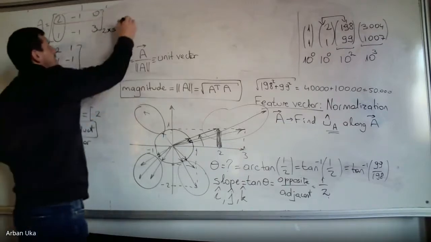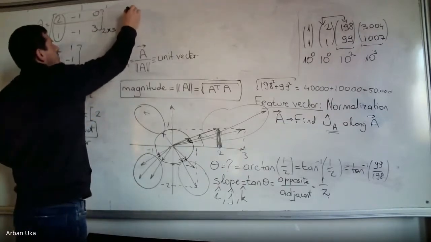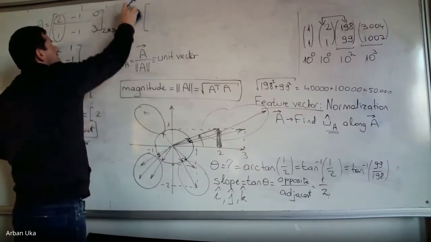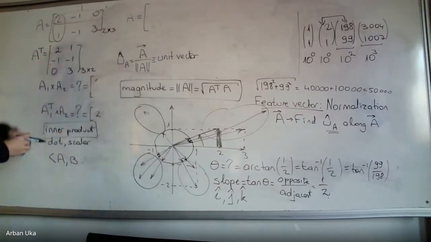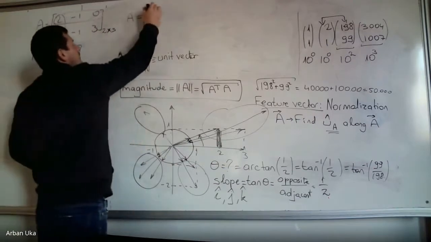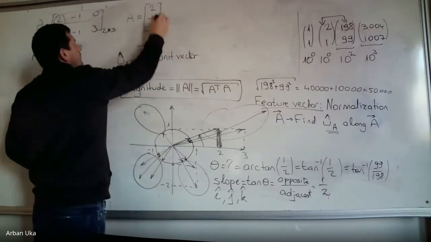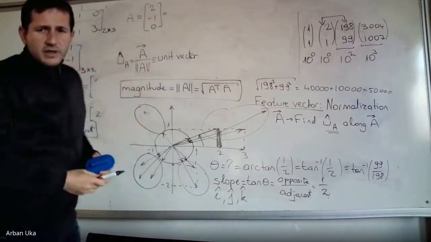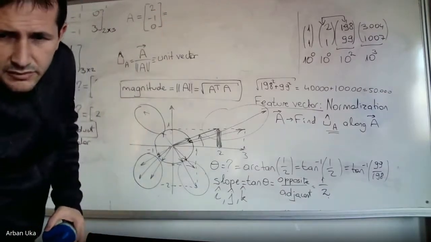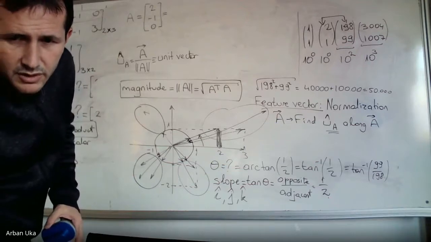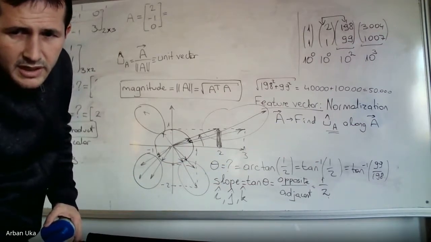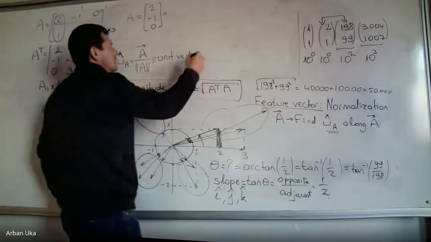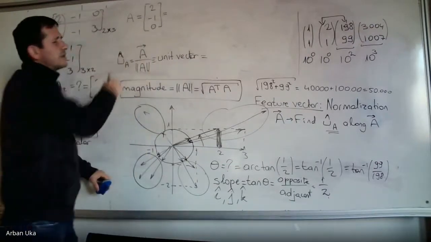Let's call it A. Okay, let's assume it's 2, minus 1, 0. With this, I can ask Claire, can you help me here? What is the magnitude of this vector A?